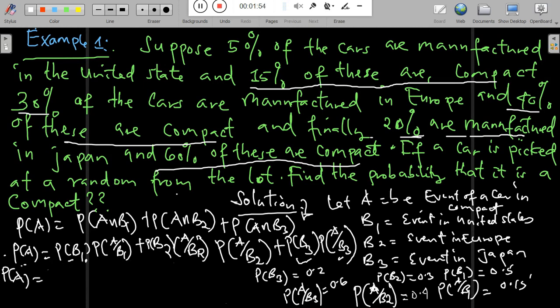Now, after obtaining all the probabilities that are required for our question, we can plug into our formula.